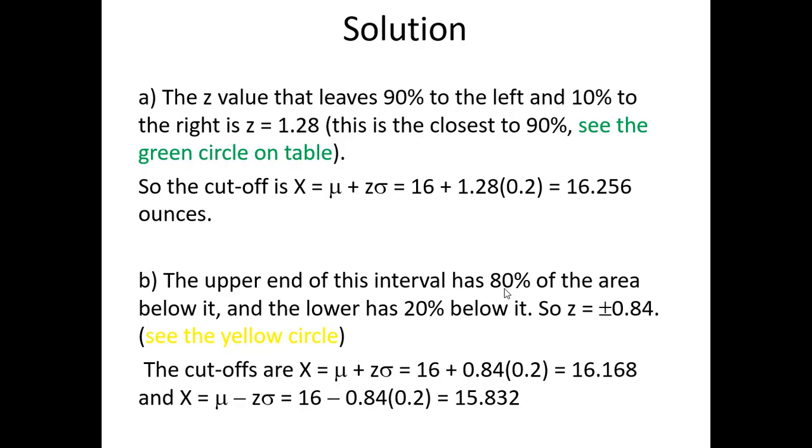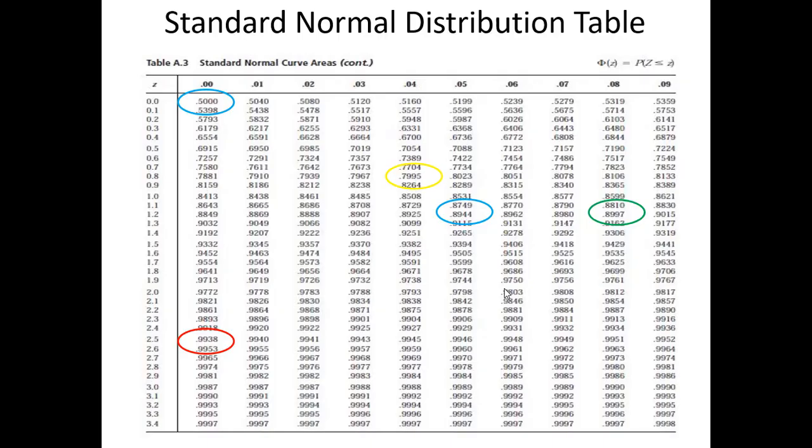As I've said here, see the yellow circle. So this would be right here. I'm trying to get as close as I can to 0.80. And you can see right here, this is it. 0.7995 is the closest. This you could see is somewhat close, but not as good as this, 0.8023.